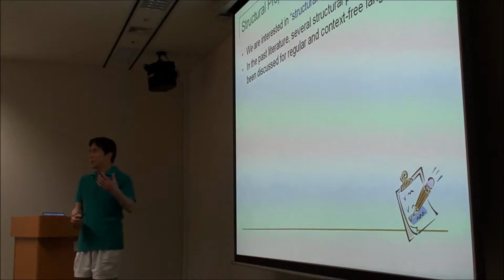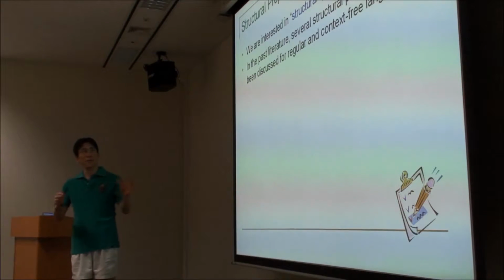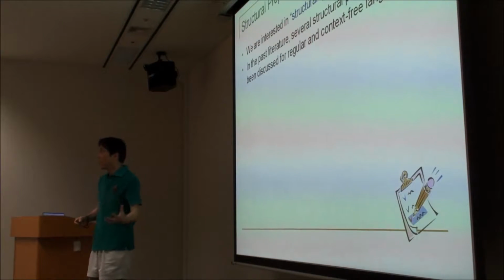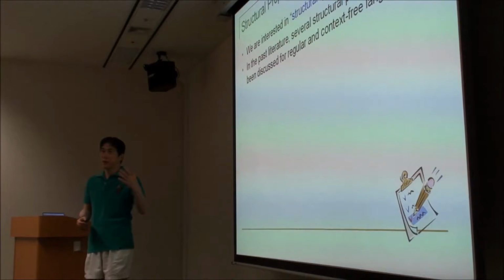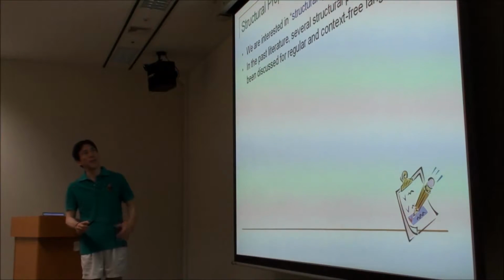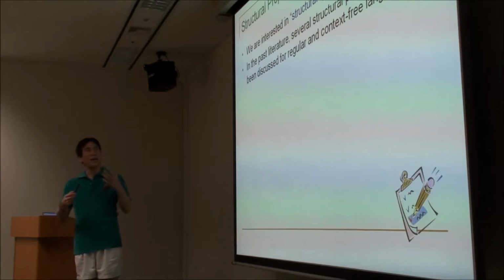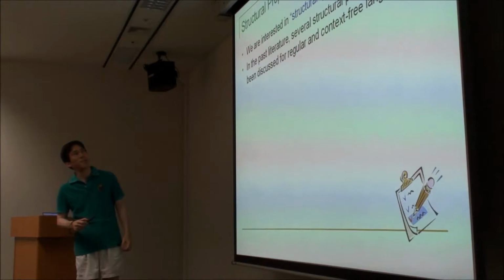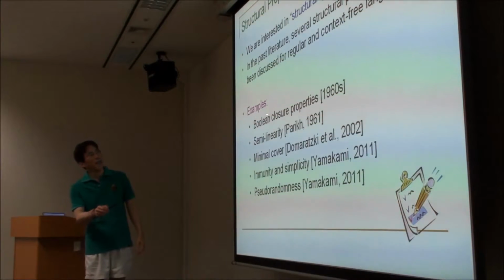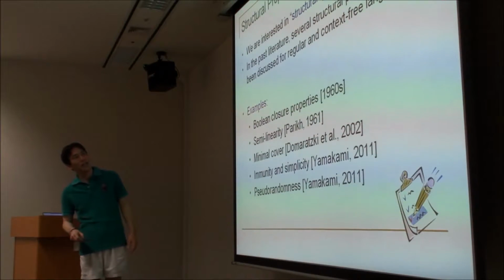Particularly, I'm interested in structural properties rather than other kinds of properties. Regular languages and context-free languages are very old concepts, and a lot of papers discuss many different properties. But here, we are interested in structural properties, which have been discussed in the past literature.